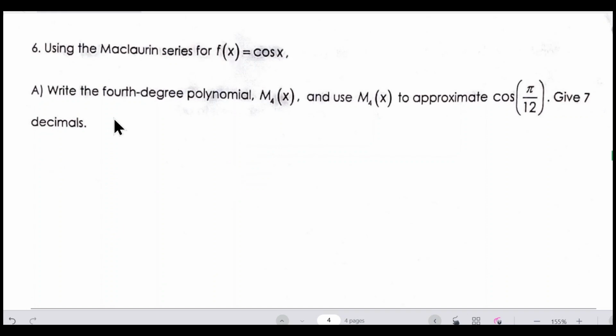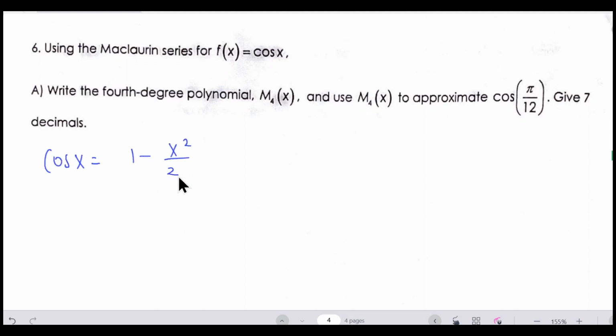Using the Maclaurin of cos, is the fourth degree of this approximate. Okay, so we know that the cos Maclaurin looks like 1 minus x squared over 2 factorial plus x raised to 4 over 4 factorial, and I will stop here because they need fourth degree. So the approximate value is M4 of x, by the way.